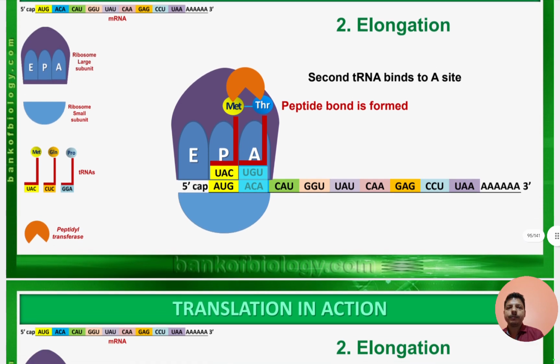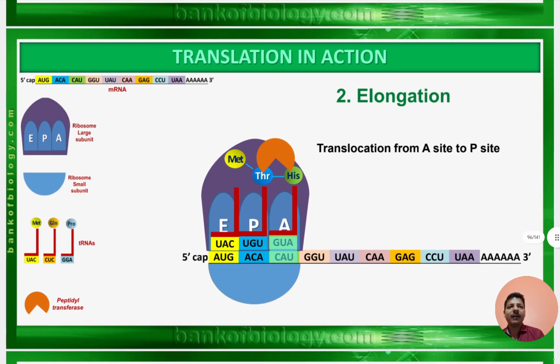Then in elongation, translocation from the A to the P site. Again translocation from A to P site. Another tRNA is bound here, as you can see, and peptidyl transferase is also here.